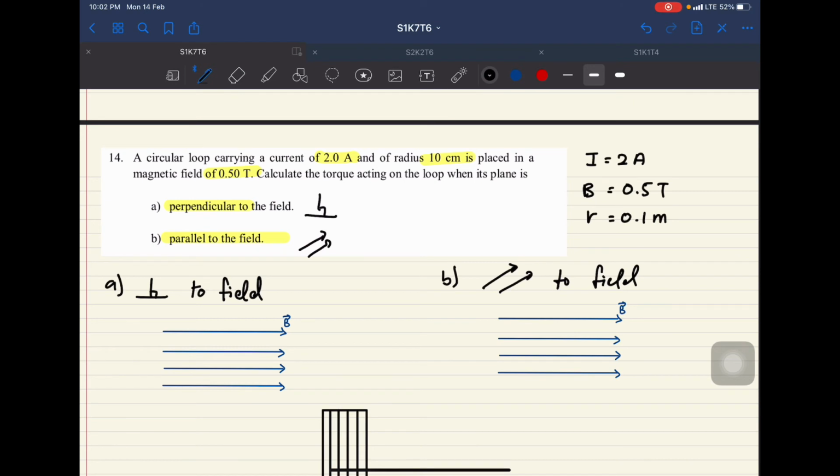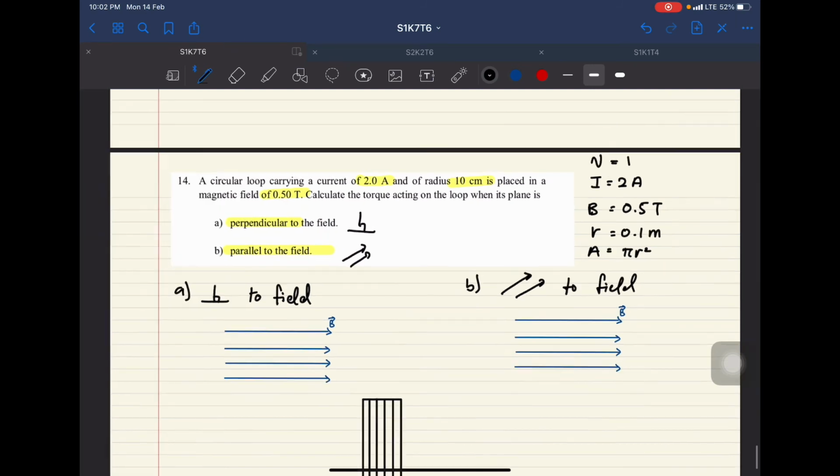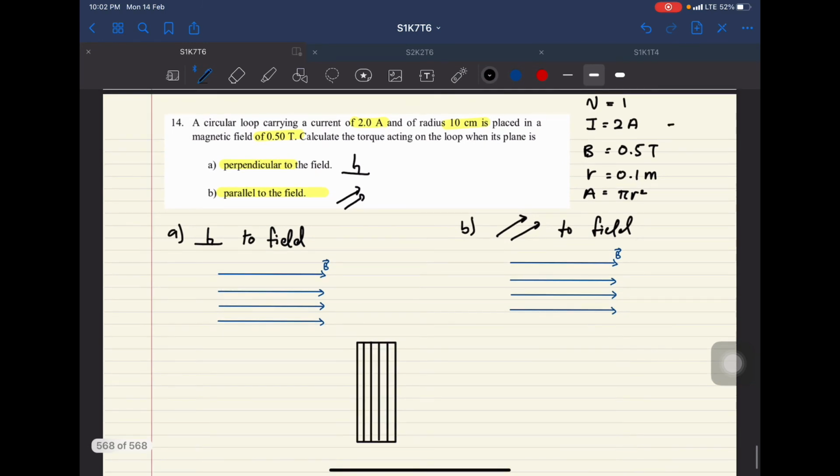And you know that since this one is circular loop, so A is equals to pi r square. And then a circular loop means that number of loop N is equals to 1. Okay, so basically we want to apply equation of torque equals to NIAB sine theta.